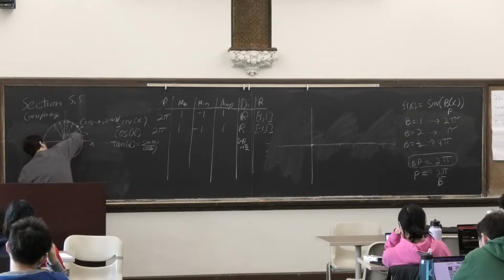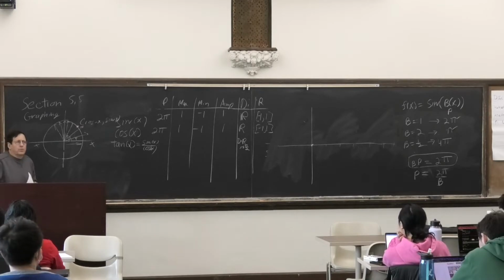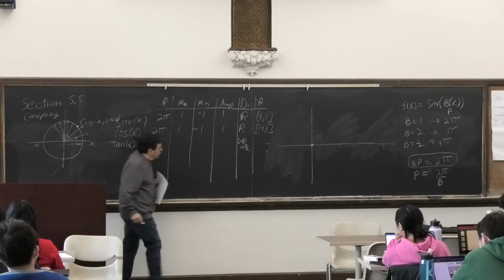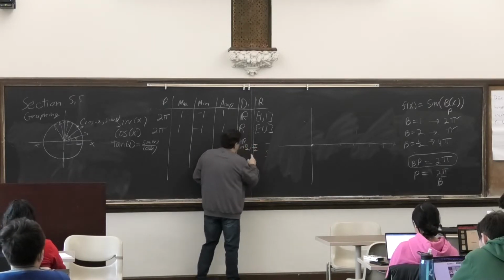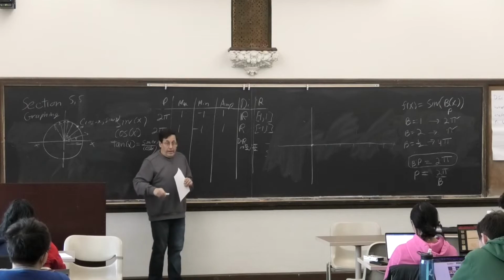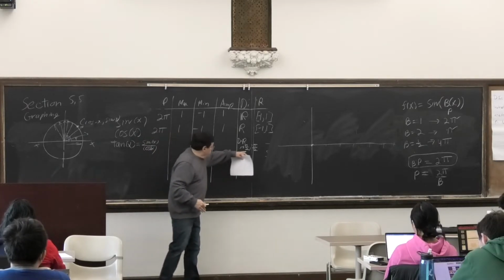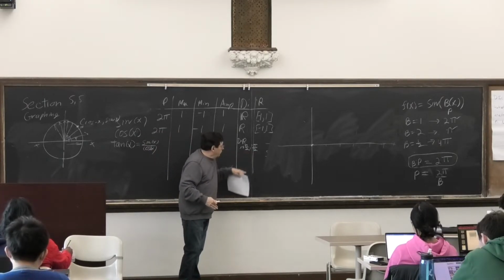When I get down here, what angle have I gotten to? 270 or 3 pi over 2. And each of these plus or minus some multiple of 2 pi, right?